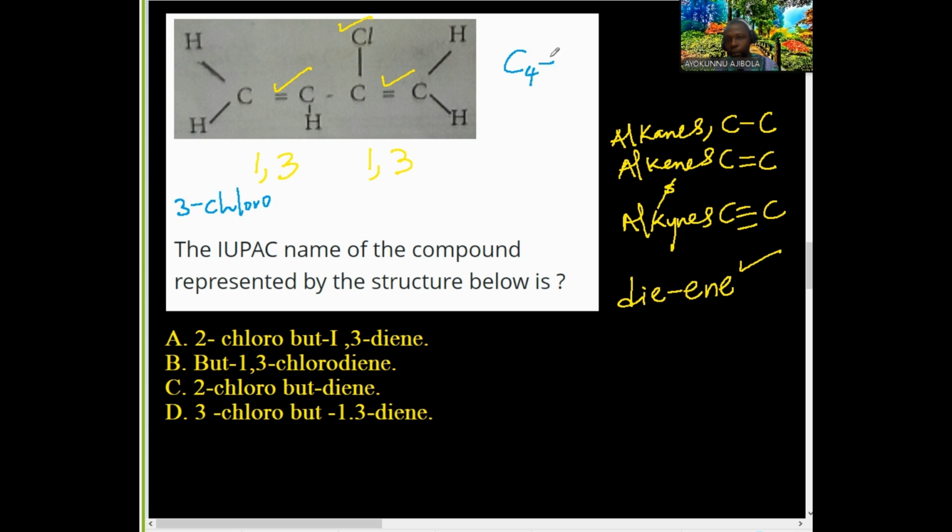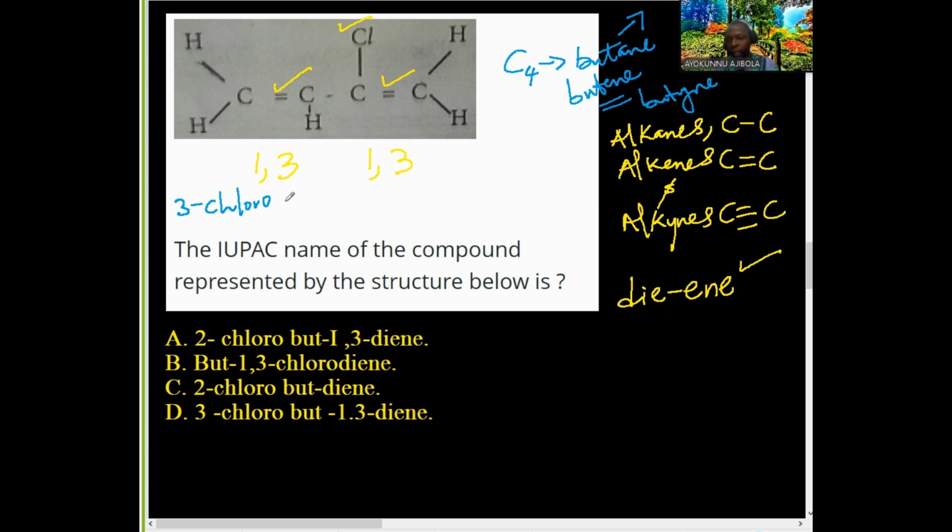C4 means but, like methane, ethane, propane, butane, and so on. So C4 is a but compound, butane. For double bond, we have butene, and for triple bond, it will be butyne. So you need to study all of the homologous groups.